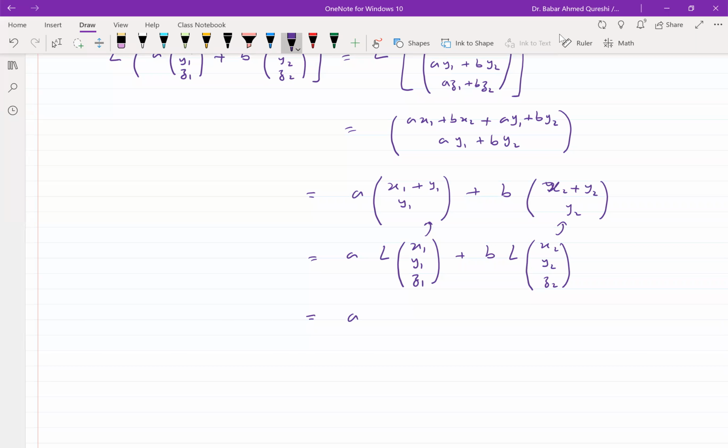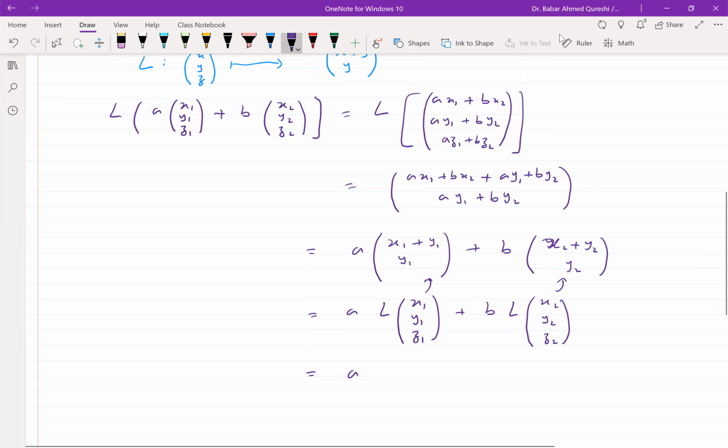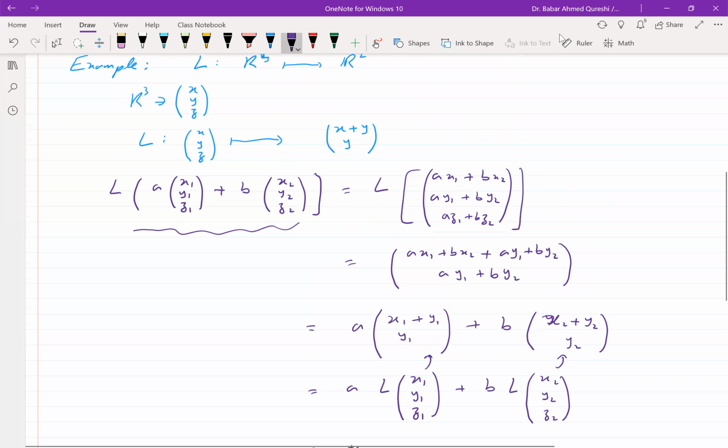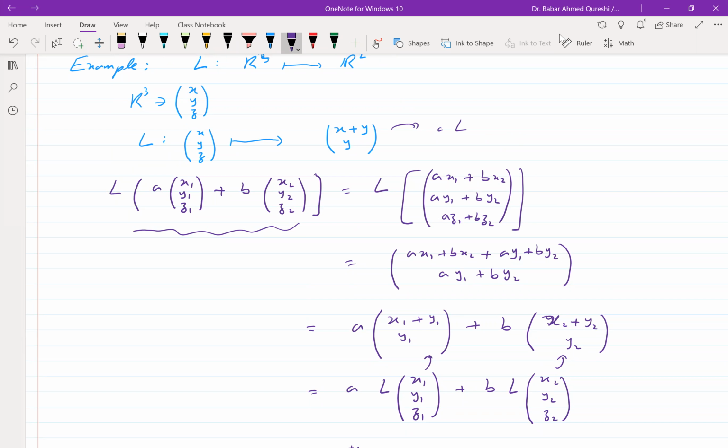So I have this condition: if I apply the linear transformation on this linear combination, it splits in the way I want. So that means this map is a linear transformation.